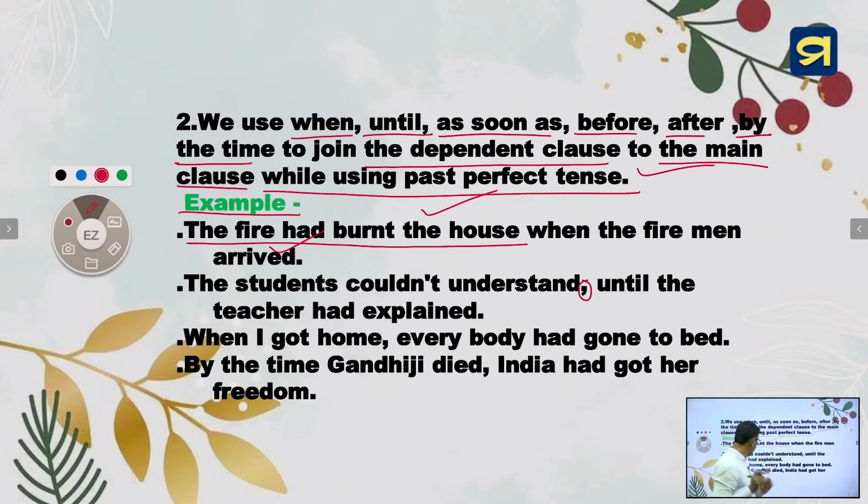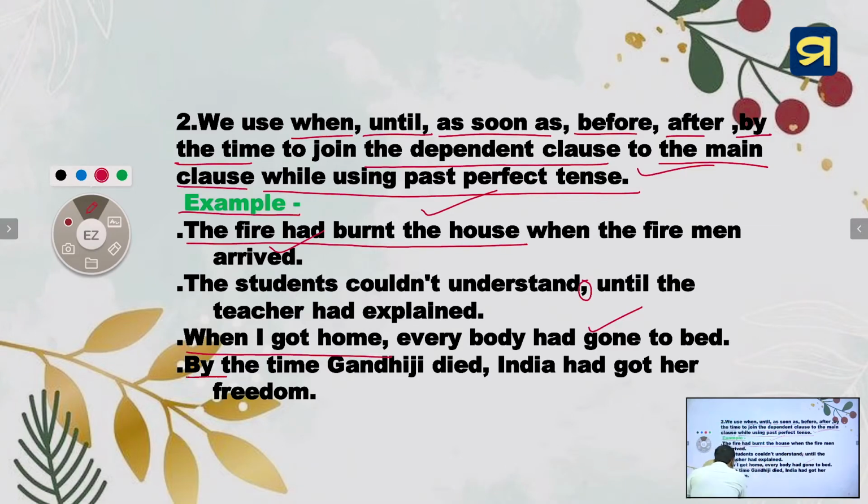Okay, are you right? Next, when I got home, everybody had gone to what? Bed. That means when I got home, when I reached home, when I arrived home, everybody had gone to bed. And the last one, by the time Gandhi died.